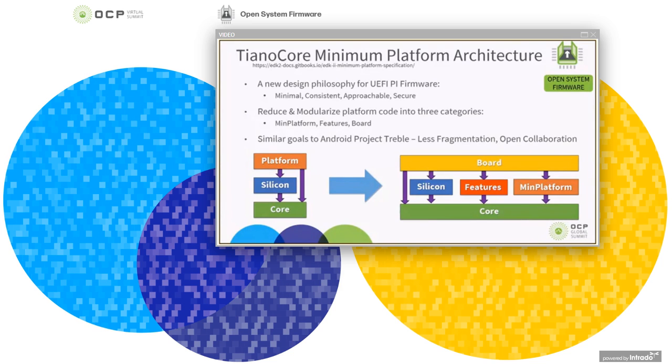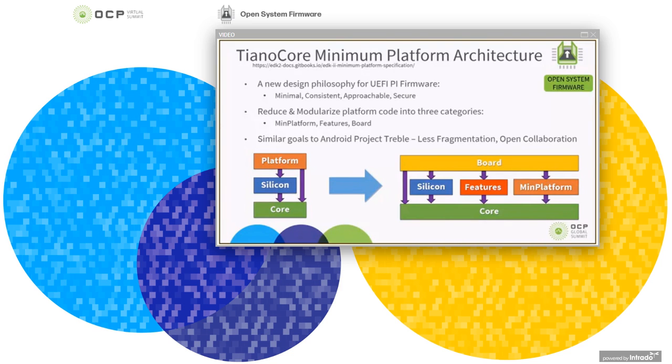And then board is isolated just to the specific code changes needed to support certain motherboards, different GPIO configurations, different number of PCIe controllers, different PCI port layout, that kind of thing. And then features are features like the IPMI support, SMBIOS, BIOS setup, that kind of thing.